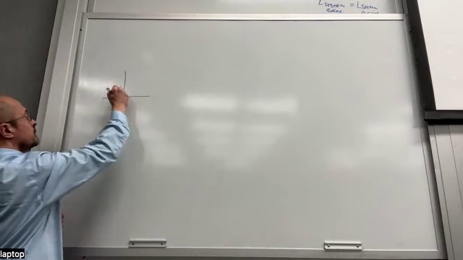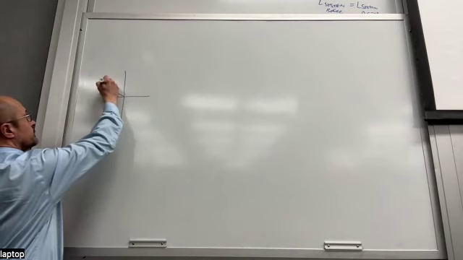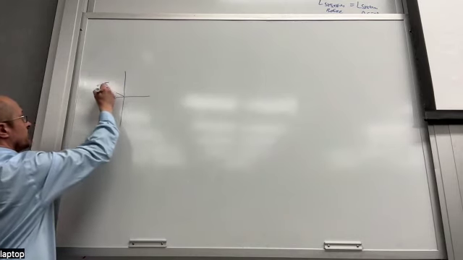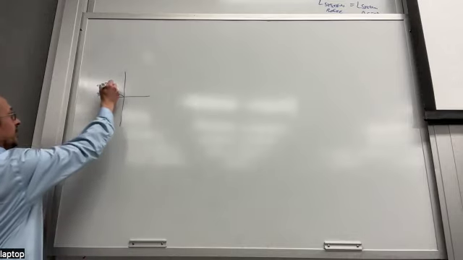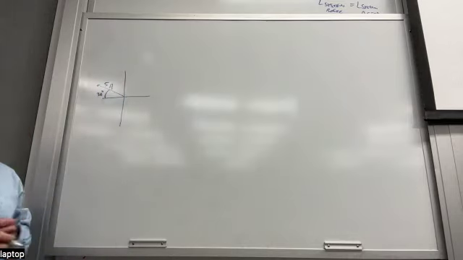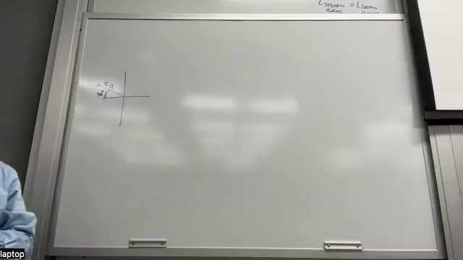Okay. So here we have some vector of length 5 and an angle of 30 degrees. This is our vector A. And where's B? What's vector B?